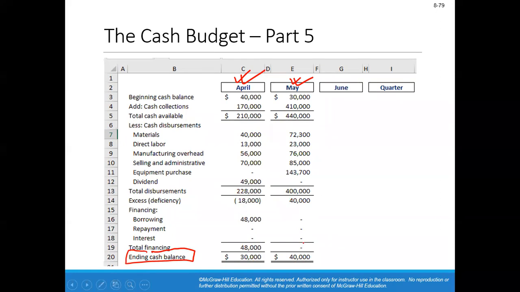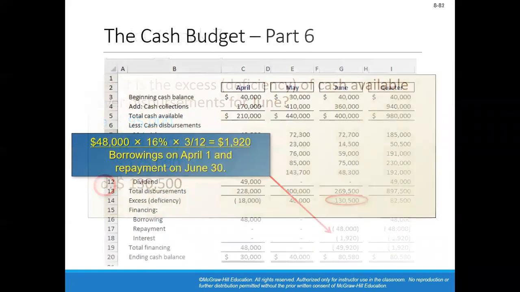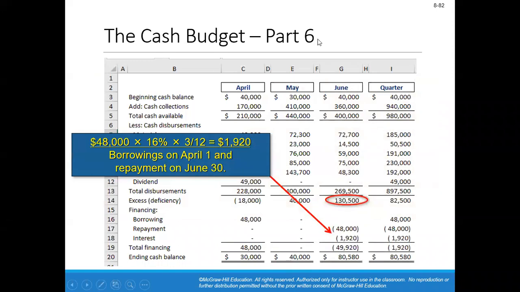So let's return to the next month, June. Cannot we make a partial repayment? The answer is no. We make it in reality, but here for simplicity, for convenience, we will not make such repayment. We'll make repayment at a time.